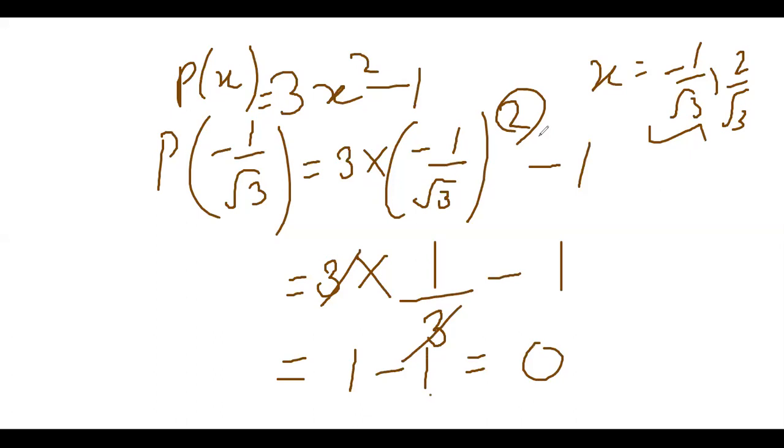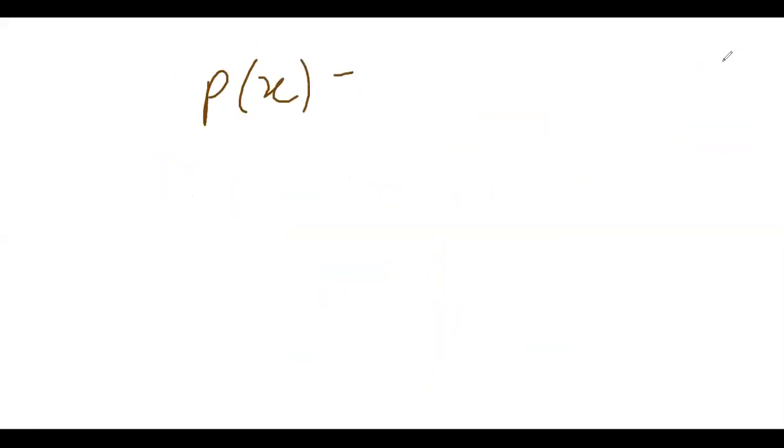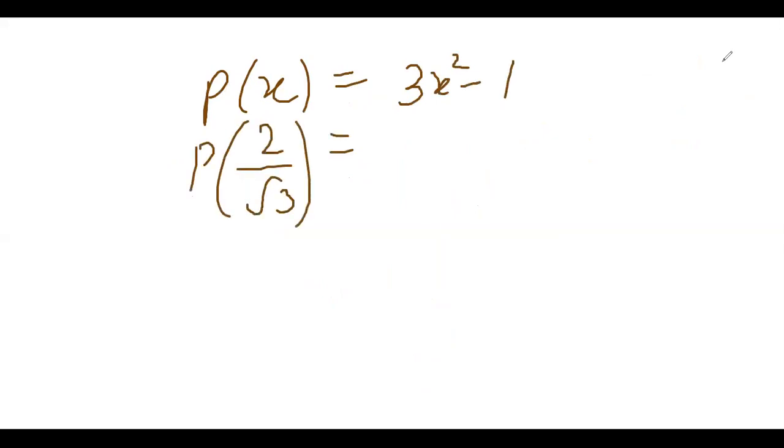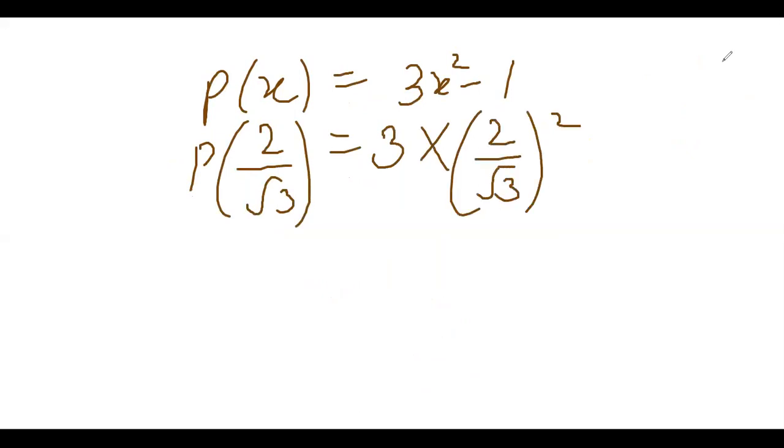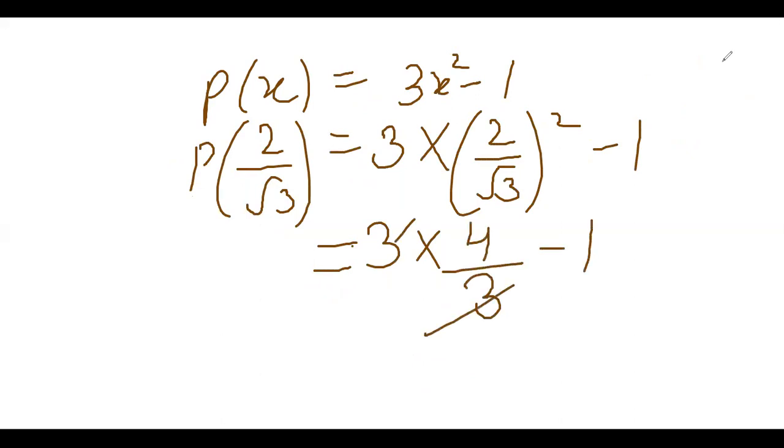If I put 2/√3, then it will be 3 multiply (2/√3) square minus 1 is equal to 3 multiply 2 square 4, √3 square 3, minus 1. 3 and 3 will be cancelled. 4 minus 1 is equal to 3.